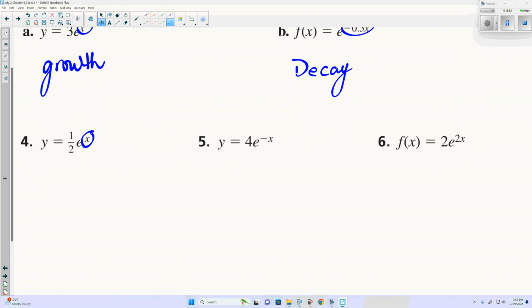Let's look at number 4. The exponent is positive, so it is indeed growth. How about number 5? So the exponent, positive or negative? Negative, so it would be decay.